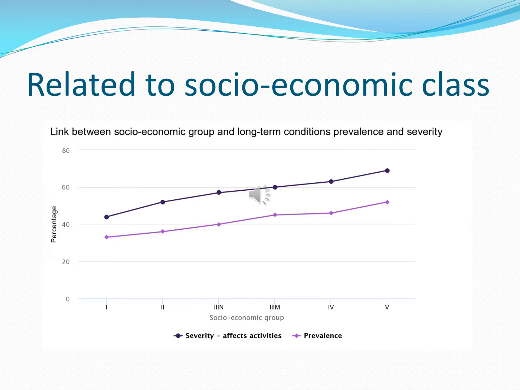As well as correlating with increased age, long-term health conditions also correlate with socio-economic class. That is to say, in poorer populations, there's an increased prevalence of long-term health conditions.